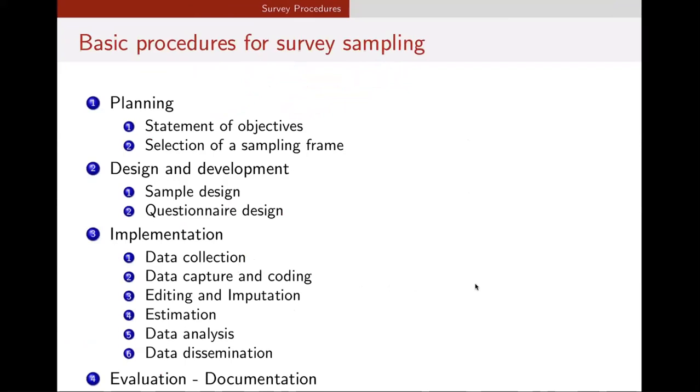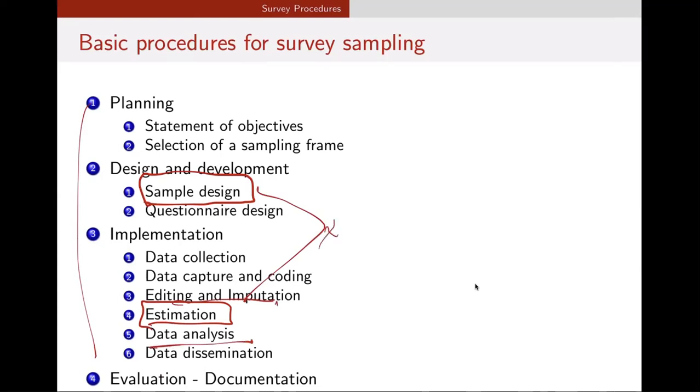This is more like a procedure: planning, design, development, implementation and evaluation. The key statistical components are the sampling frame, sampling design, and estimation. But because the whole thing is a kind of business, the actual operation has other things to consider. Imputation is also more like data analysis. So these are the more statistical parts.